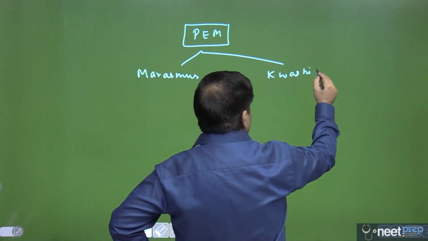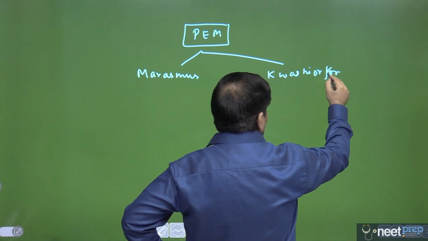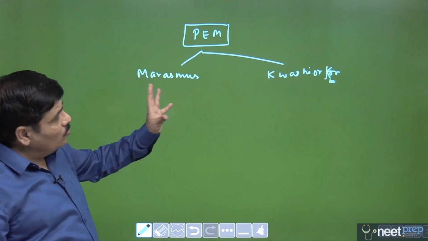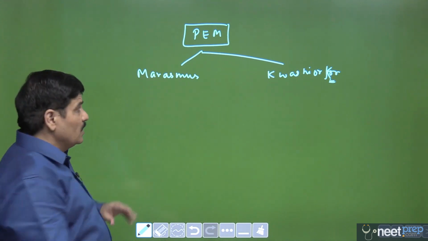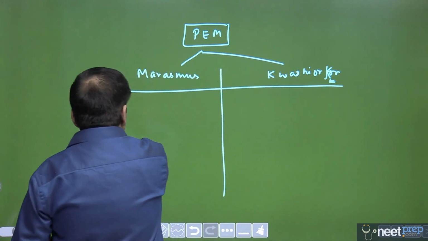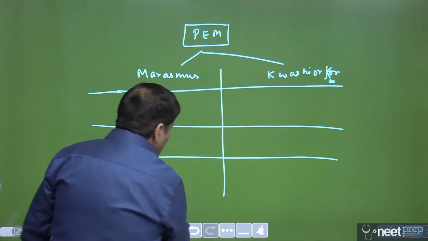So protein energy malnutrition. So we are looking at a decrease in the calorie in the form of proteins or energy. So this is protein energy malnutrition, kwashiorkor and marasmus, and you will be asked about the difference between the two and what causes actually marasmus and what causes kwashiorkor.